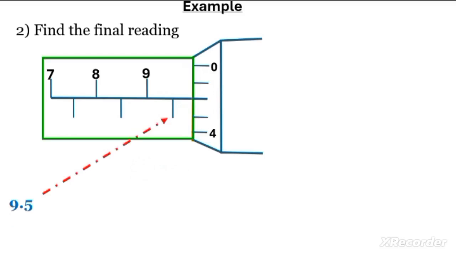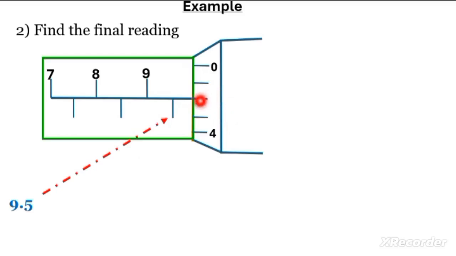Let us also identify the mark on the sleeve scale or circular scale. To identify the mark on the sleeve scale, we need to find the mark that aligns with the horizontal line from the main scale.